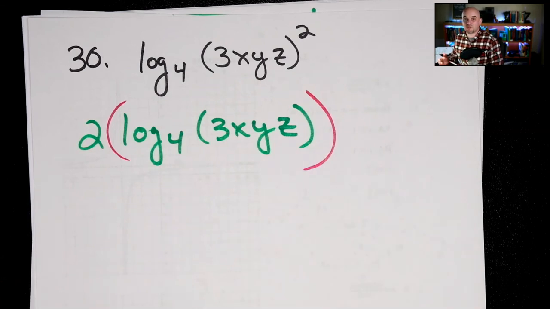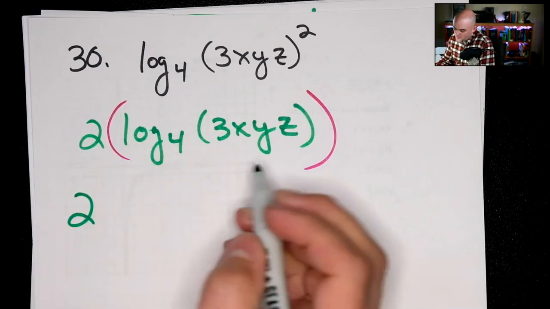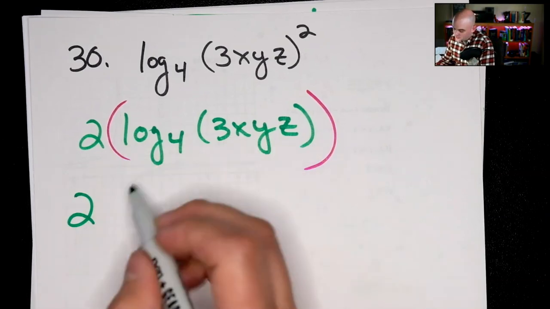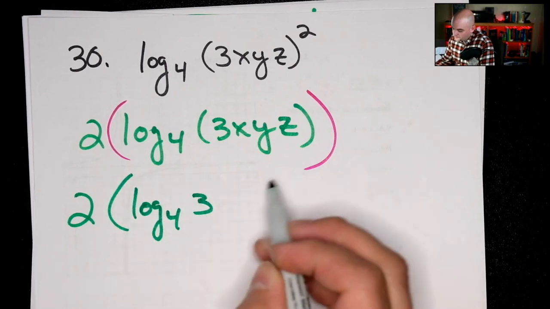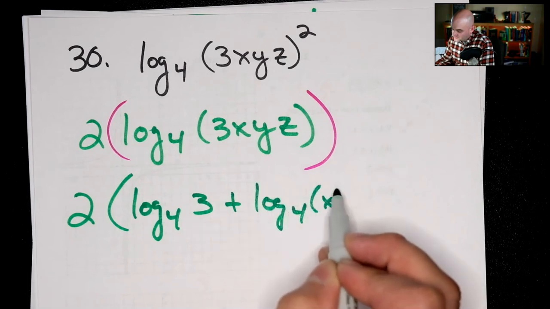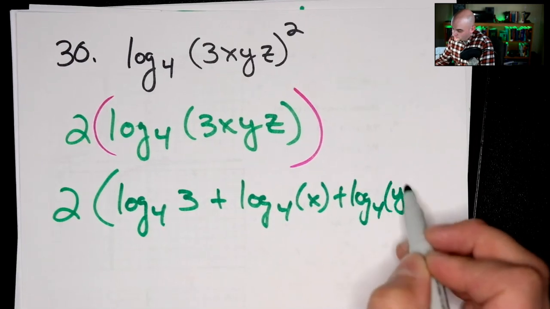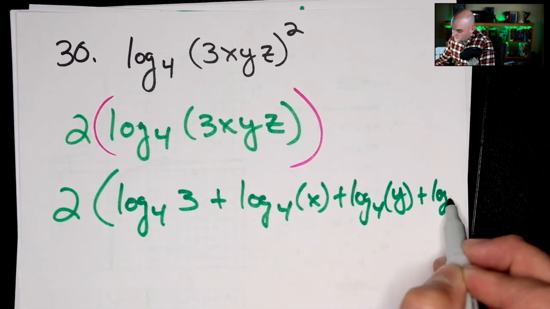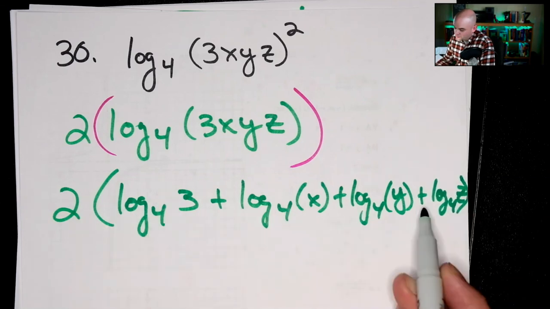We don't have to keep writing 2 log base 4, 2 log base 4, 2 log base 4. That's annoying, right? So we'll just leave that wrapped in parentheses, and I'm going to expand all of that and say we got log 4 of 3 plus log 4 of x plus log 4 of y plus log 4 of z.